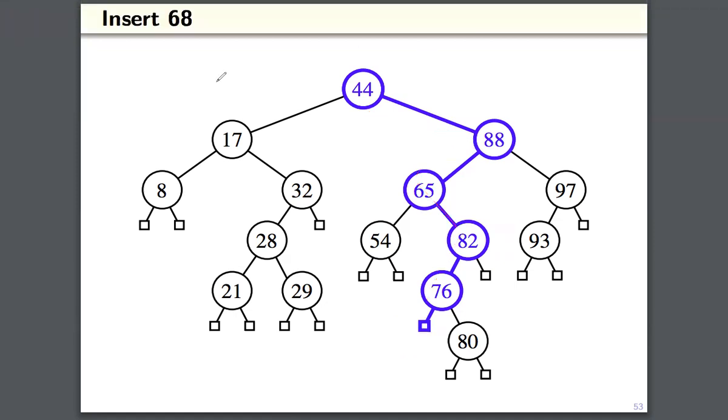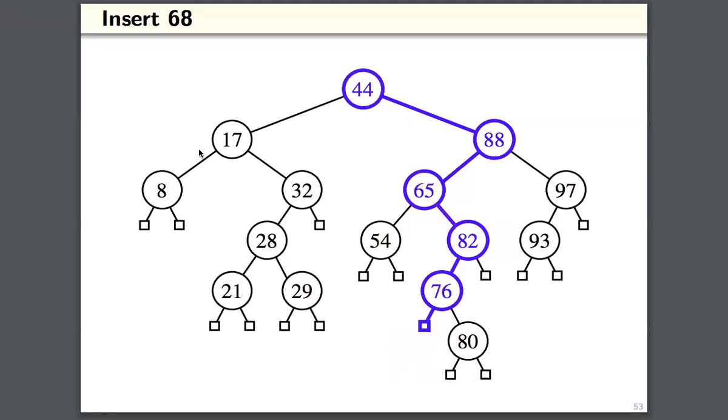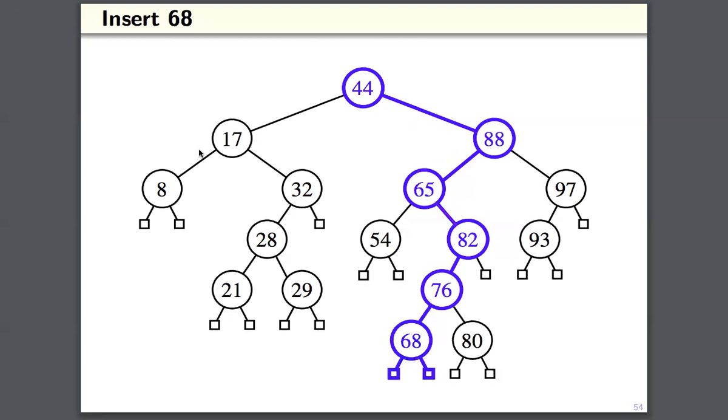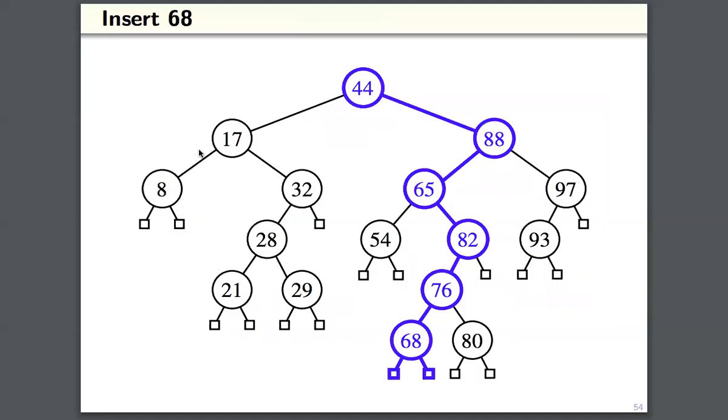So does this make sense? Yes. Insert is the same as search. Search for the element. You hit a null node, right? You have to hit a leaf node. Then insert it there. But of course, if 68 is already present in the tree, do not insert one more time. Don't do anything, just stop.